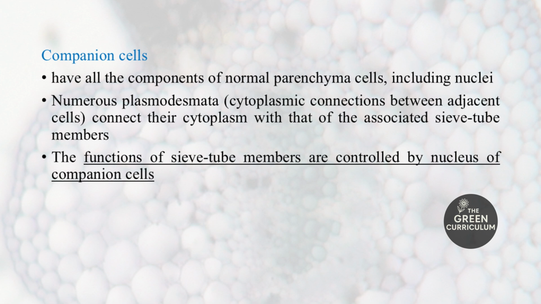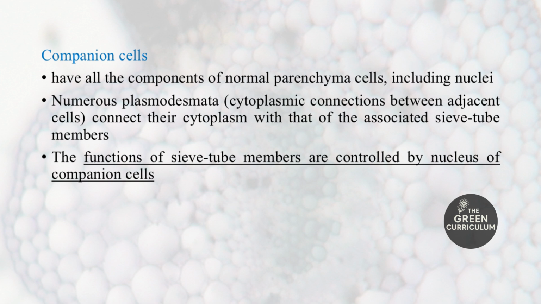The companion cells communicate with the sieve tube member through plasmodesmata, and plasmodesmata are the cytoplasmic connections between the cells. So all the elements necessary to maintain the sieve tube member are transported from the companion cell to the sieve tube member through the plasmodesmata.